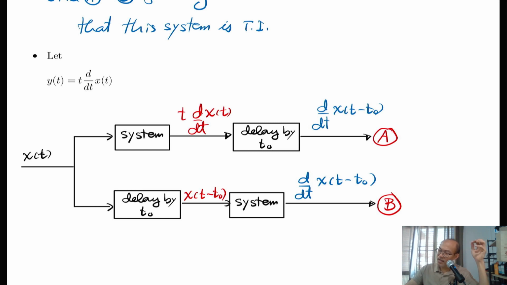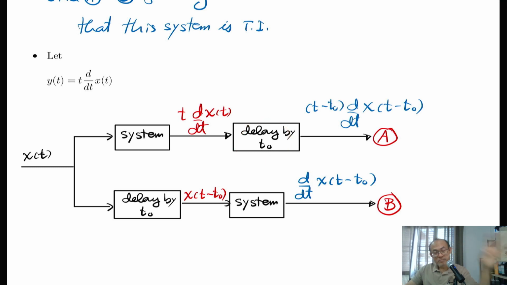Then I delay this by t0, so everywhere I see t, I plug in t minus t0. So what I have here is t minus t0 times d/dt of x of t minus t0. Delayed by t0 means that everywhere you see t, you replace it with t minus t0. We see t twice here, so in the first place we replace it with t minus t0, and in the second place we replace it with t minus t0 again.